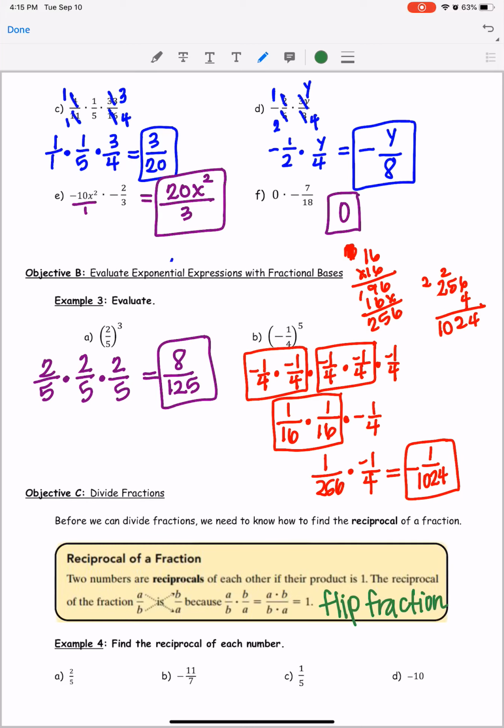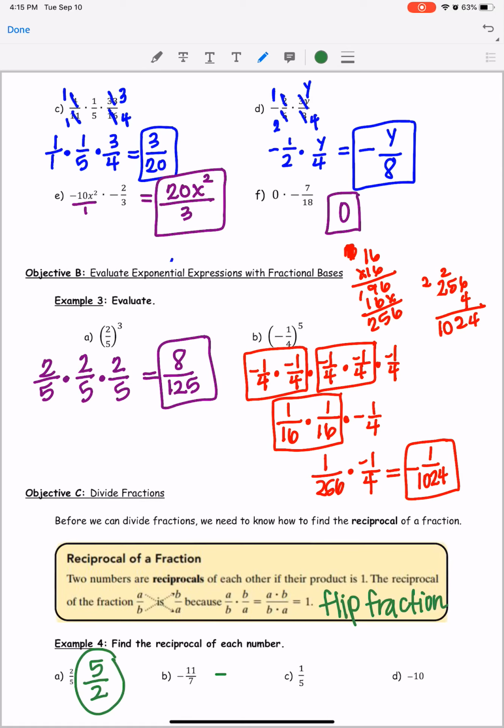Okay, so for example here, 2 over 5, the reciprocal is simply 5 over 2. You're just doing the opposite of it. It was 2 over 5, now it's 5 over 2. Okay, the reciprocal of negative 11 over 7, keep the negative with it, but then flip your fraction.